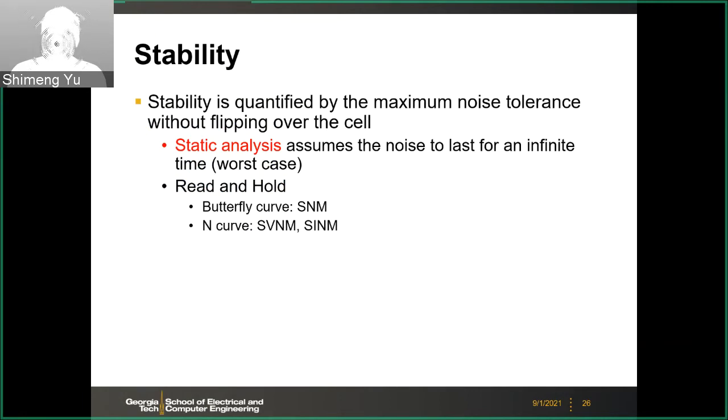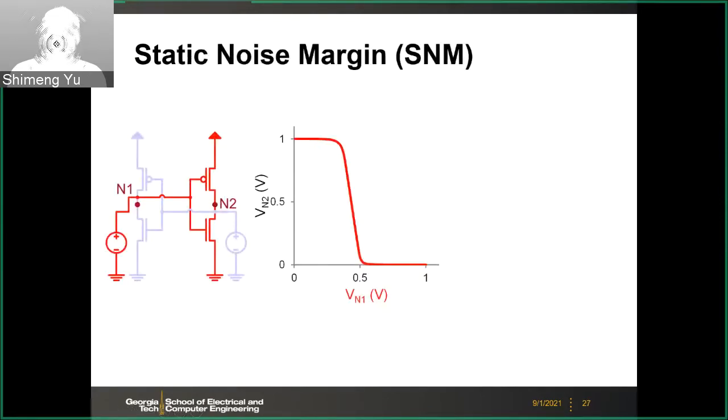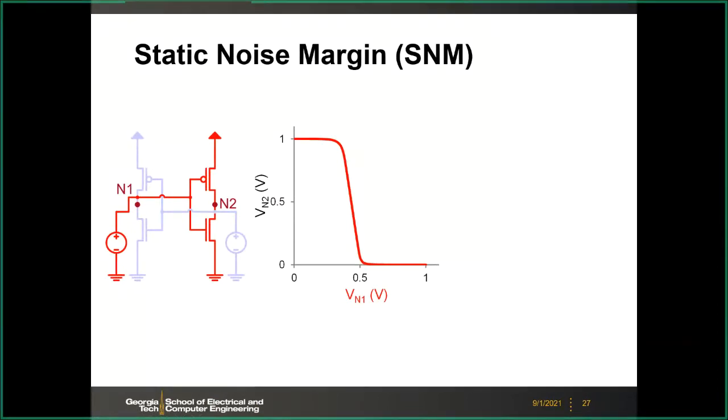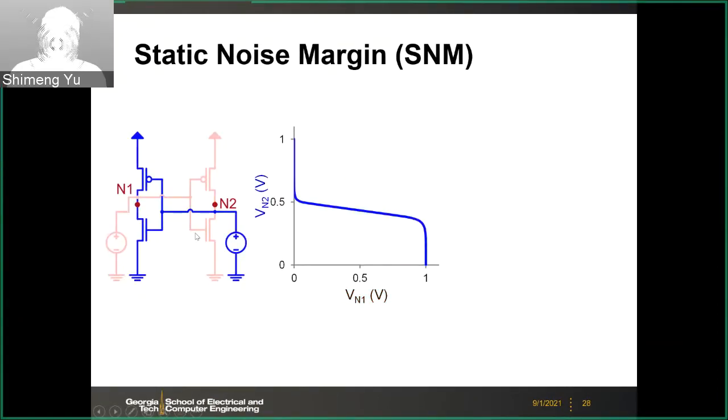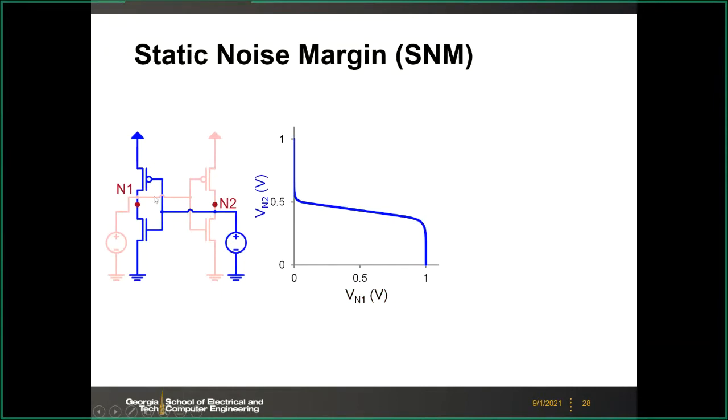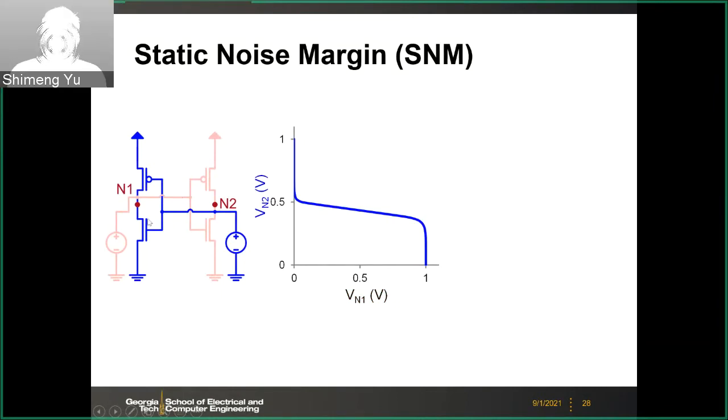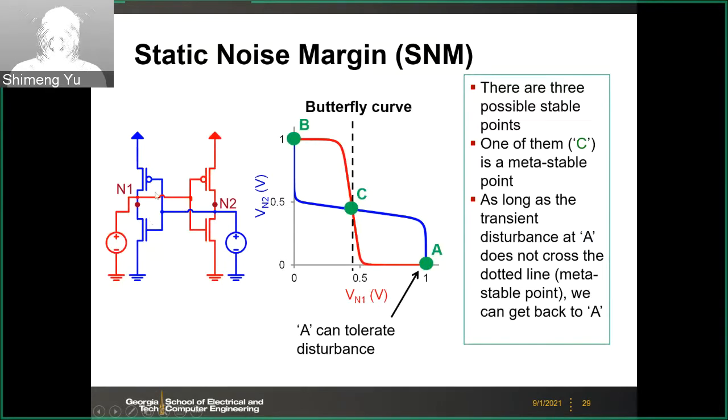So let's look at the static operations first. And then here we will consider the read and hold operation. And first we will use the butterfly curve, and then we will introduce another method called Uncurve. So the static noise margin, SNM, and this is what we have seen before. You have a latch in the middle. This is in the hold operation. So you will have those two cross-coupled latches.